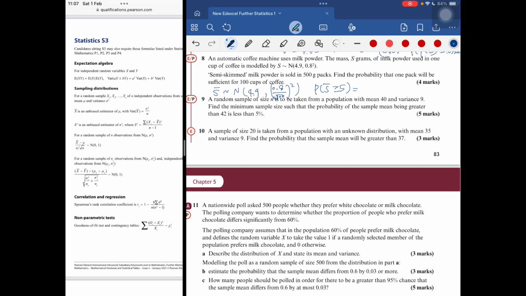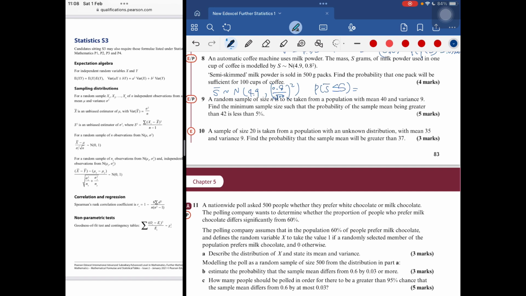For a 500 gram pack, sufficient means the mean is smaller than 5 for each pack. So in that case, when we add the sum, it is 500 grams or less.